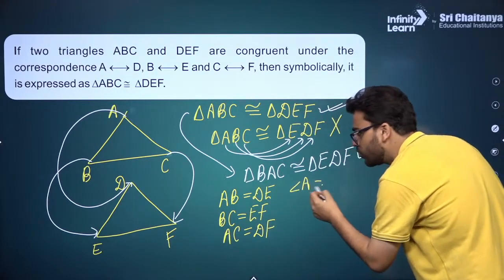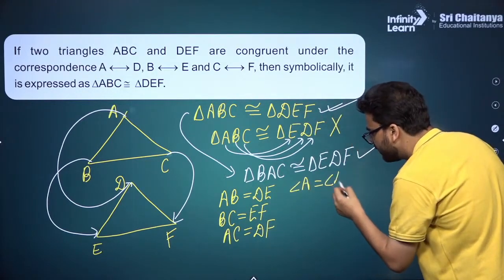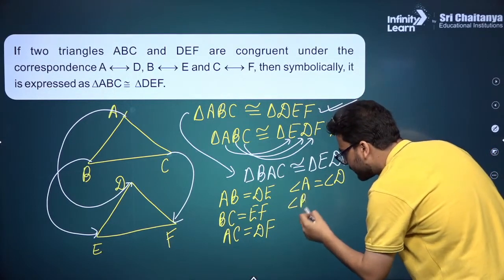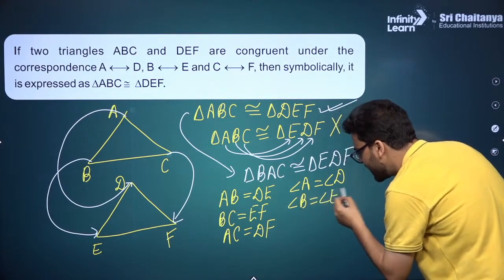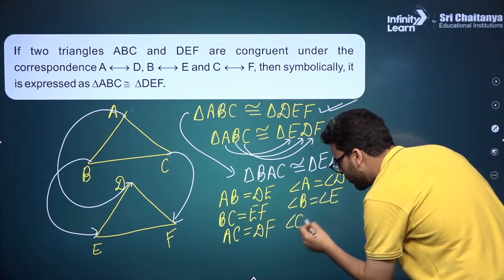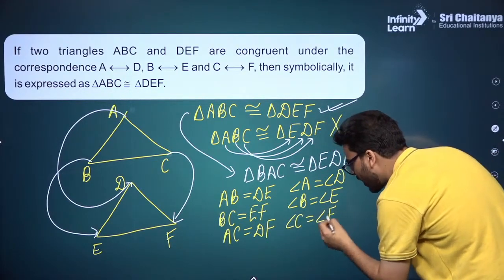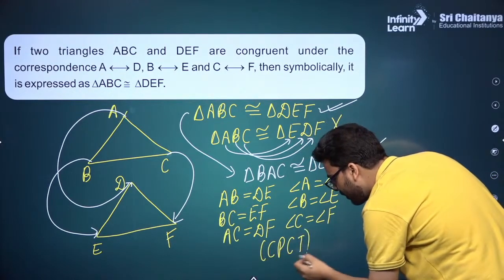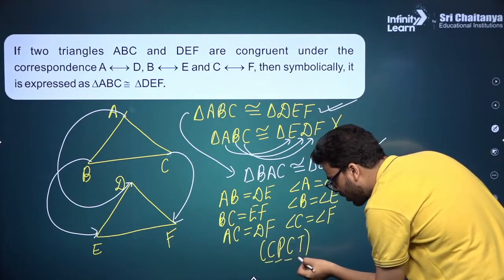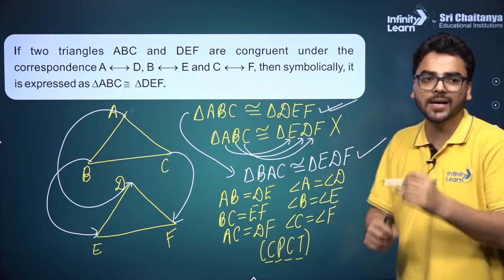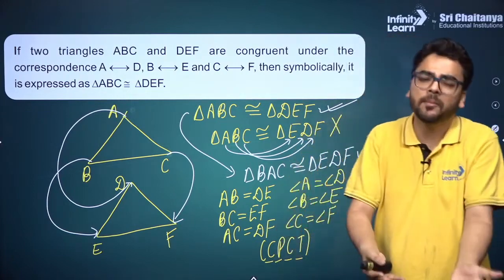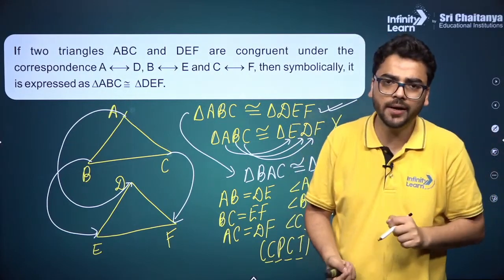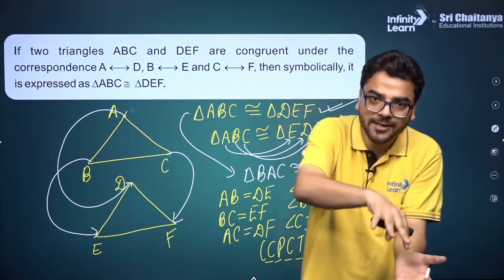A is equal to D, B is equal to E, and C is equal to F. And we write in short as CPCT. CPCT means corresponding parts of congruent triangles. So if two triangles are congruent, corresponding parts are equal. You got it? So in both ways it is true.